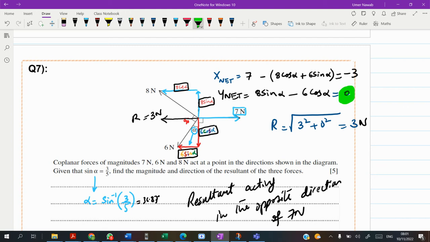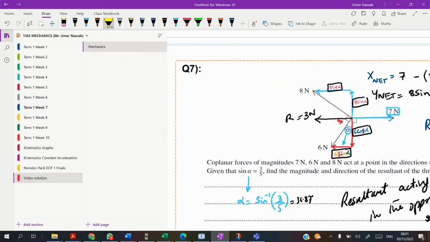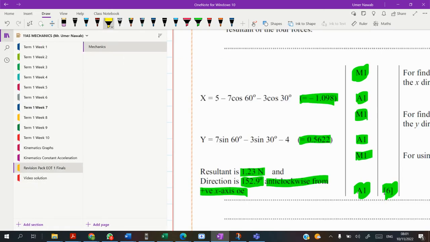Look, the interesting thing was the y net, because that was a very, very small value, came to me as 0. So y net was 0 and x net was negative 3. So it was acting in the opposite direction of 7 newtons, which we have mentioned over here. Let's try to check our answer from the marking scheme.